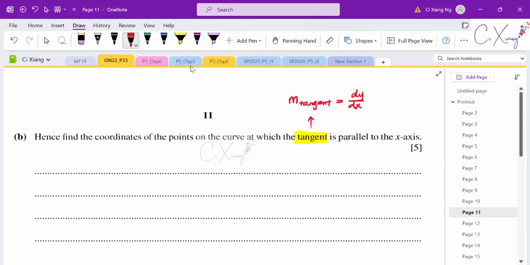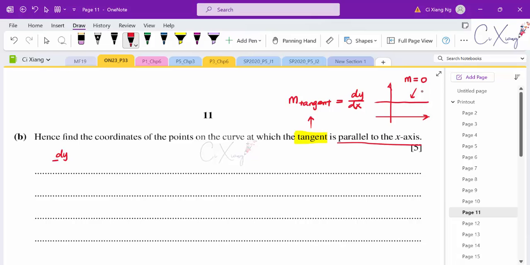Parallel to the x-axis means it will be a horizontal line. So for any horizontal line, the gradient basically is equal to 0.